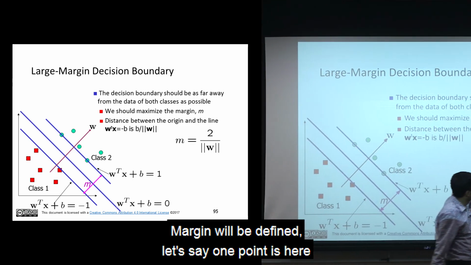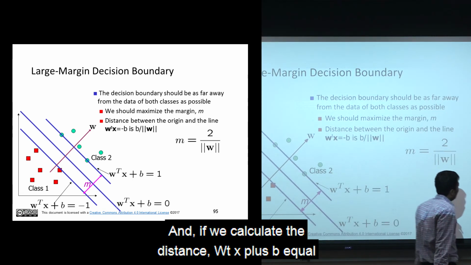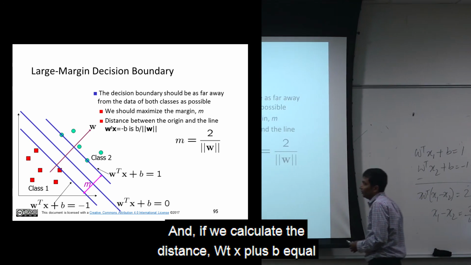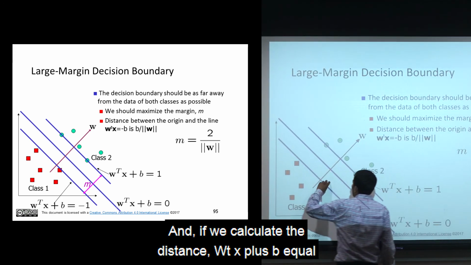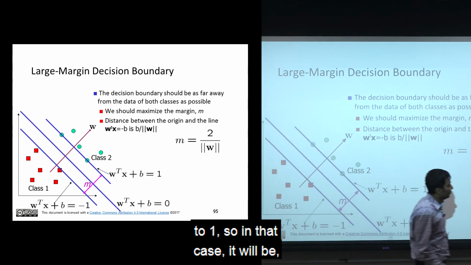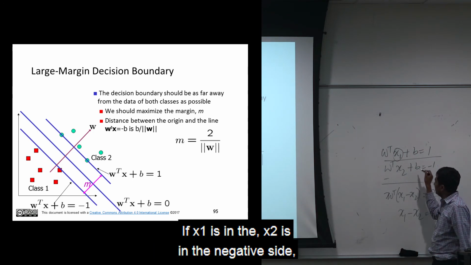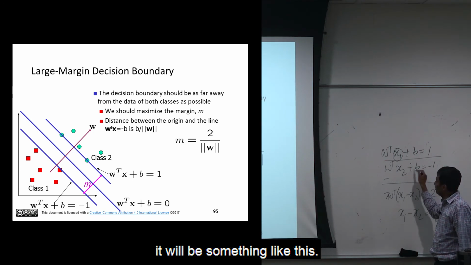What is the margin? Let's say one point is here, another point is here, and we calculate the distance. Wt x plus b equal to 1. If x1 is on the positive side, it will be something like this; if x2 is on the negative side, it will be something like this.